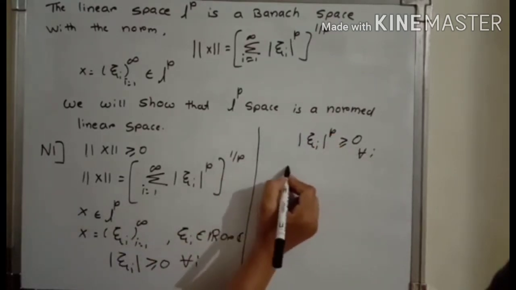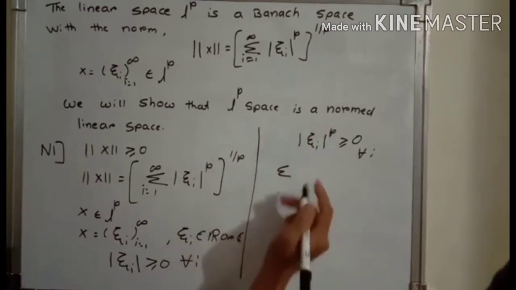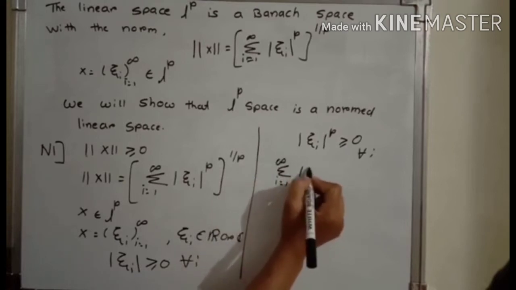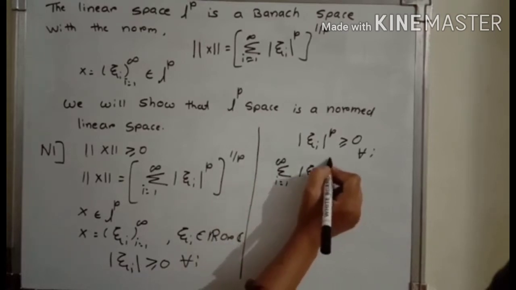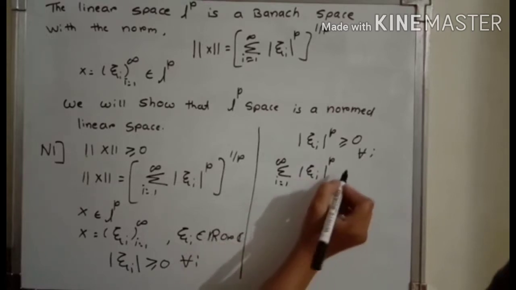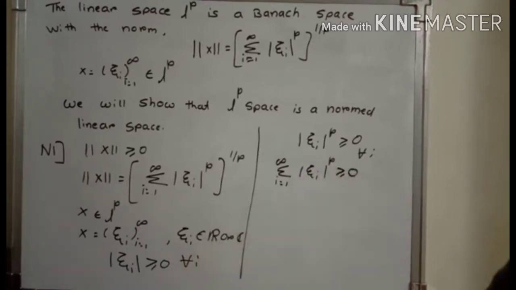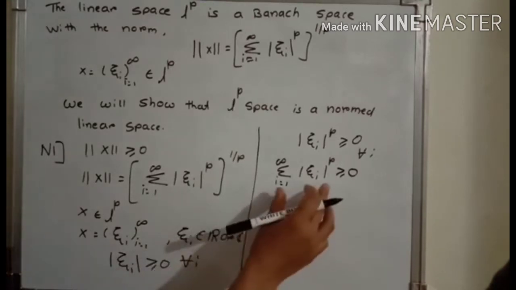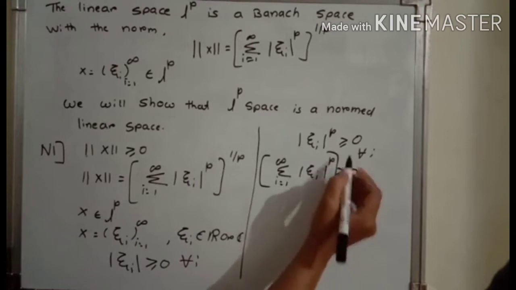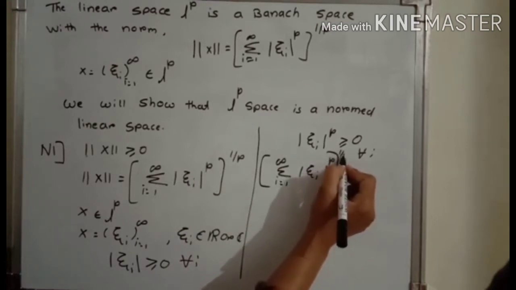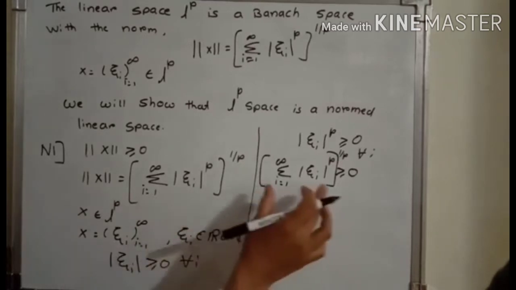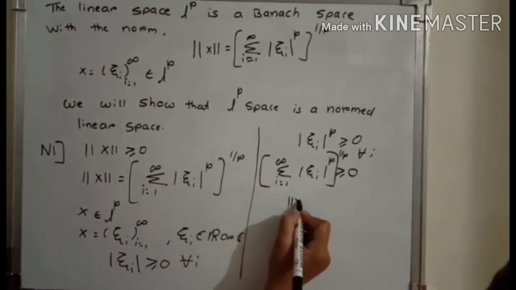As |ξi|^p is greater than or equal to 0 for each i, the sum of all these, that is Σ from i = 1 to infinity |ξi|^p, is also a sum of non-negative terms and hence it is also greater than or equal to 0. Now this sum is greater than or equal to 0, therefore its pth root, that is whole to the power 1/p, is also greater than or equal to 0, and it is nothing but the norm of x.